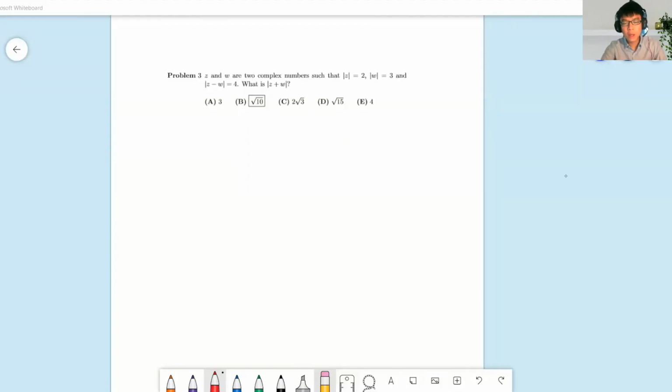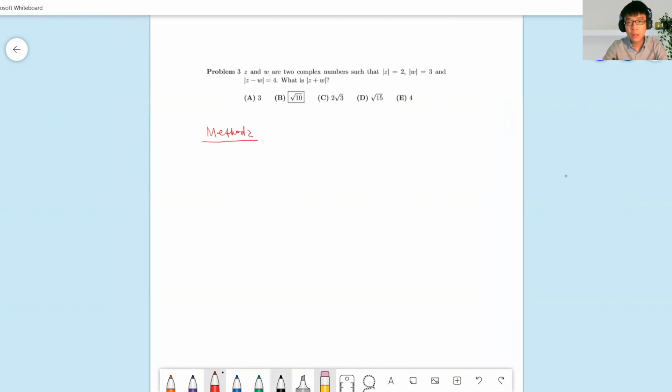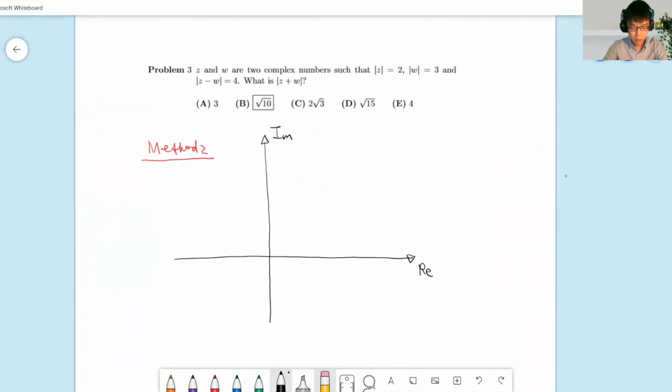All right, for question 3, let me also provide you another method based on geometric interpretation. So let me call this method 2, using geometry. We know complex numbers are closely related to geometry. Let's draw this complex plane. This is the real part, and this is the imaginary part. So z has the modulus 2. So we can basically draw the length 2 here. So somewhere, this is z, okay?